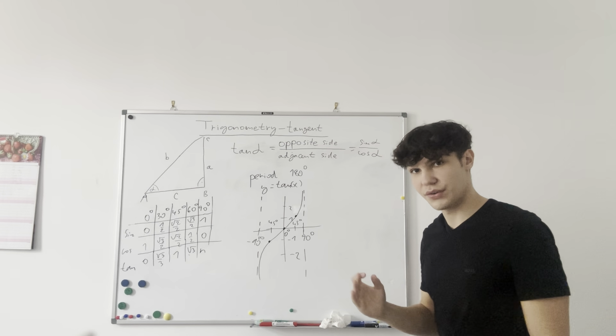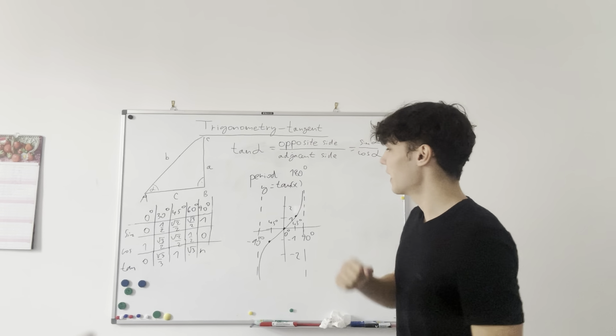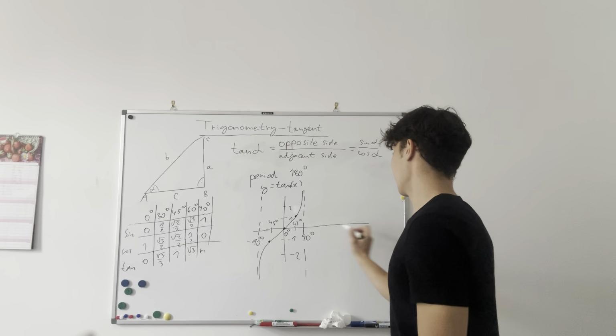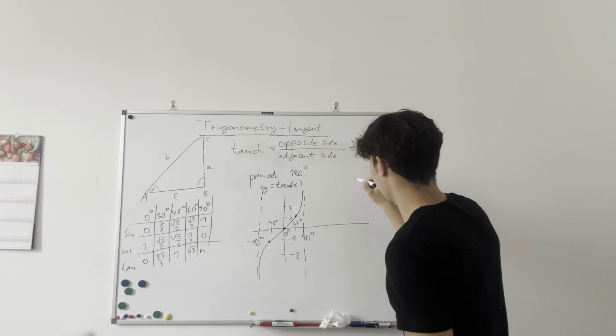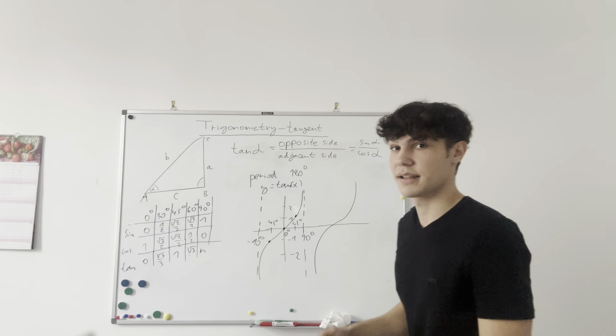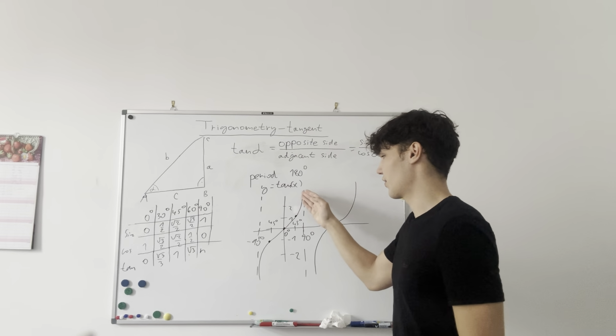And of course, similar to cosine and sine, the graph goes to infinity, so it continues, right? So we do another 180 degrees and it continues like this, and on the left side as well. But given that it repeats itself, it's sufficient to just do one.